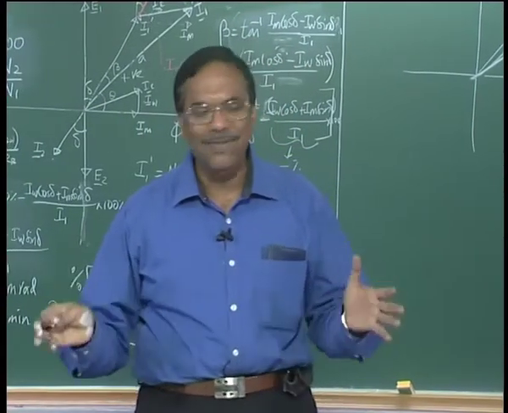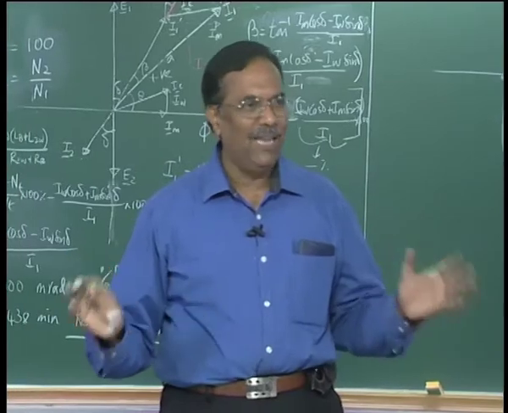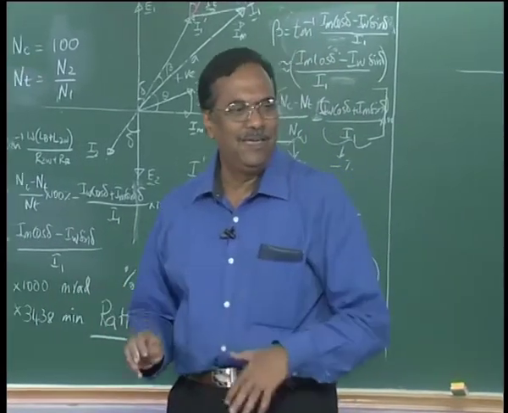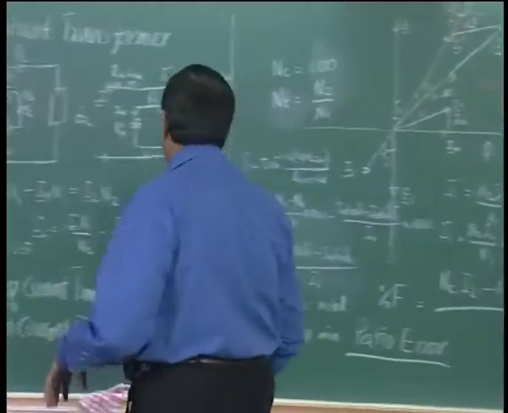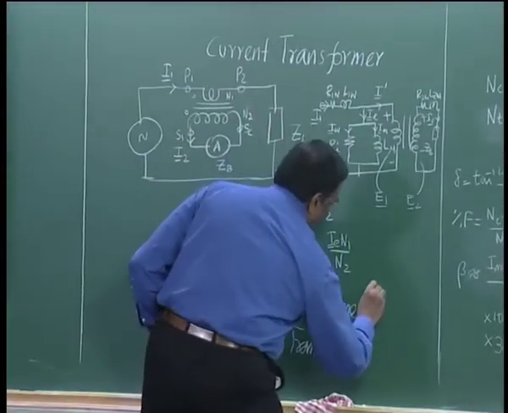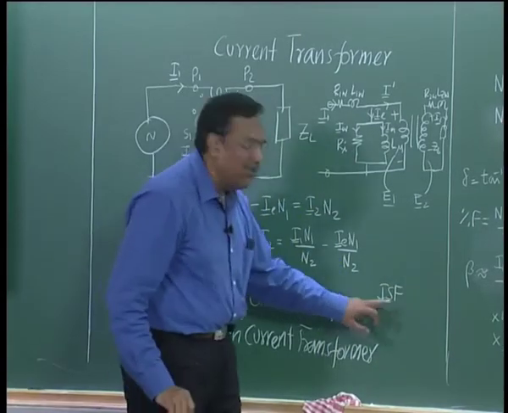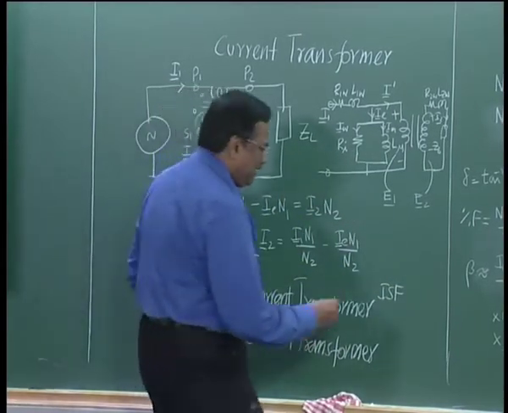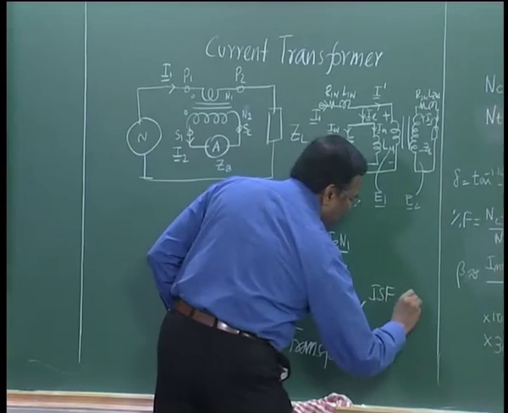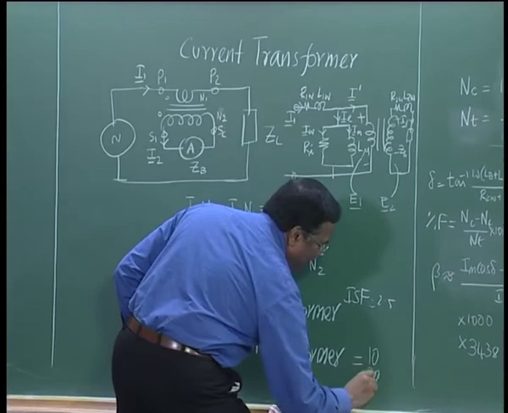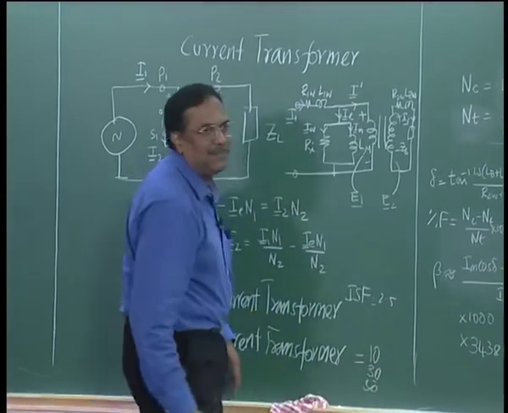We must have some value, but it cannot be 2.5. So here the ISF, or the instrument security factor, is the maximum current that it can deliver. Here it may vary, let us say 10, 30, 50 like that.